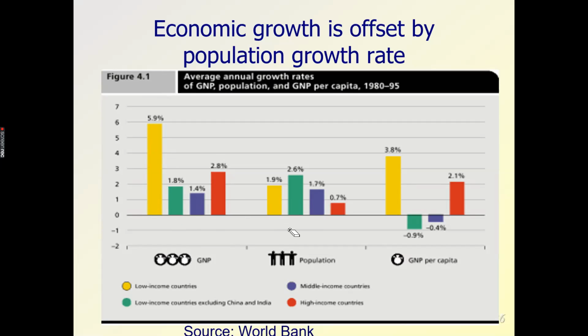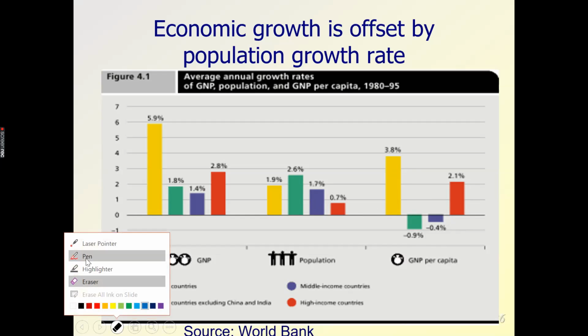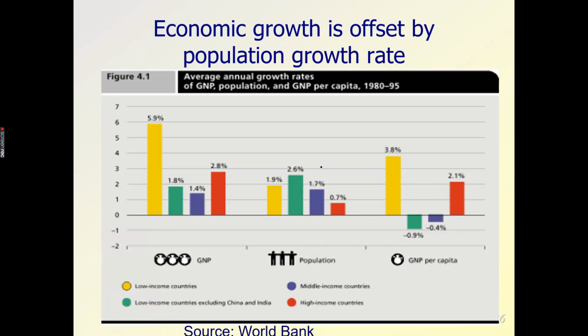The population growth in the low-income countries is bigger than the population growth of the high-income countries. So the real GDP, or in this case GNP per capita growth rate, is negative in middle-income and low-income countries because the population is growing at a faster rate than the GDP. So look at this, 1.7% of population growth versus 1.4% of GDP growth.